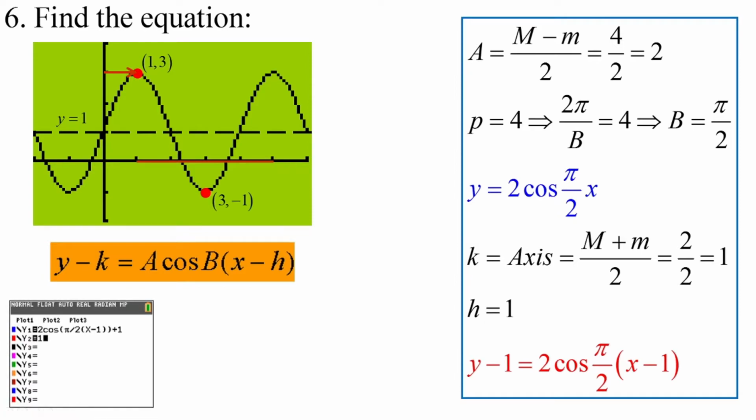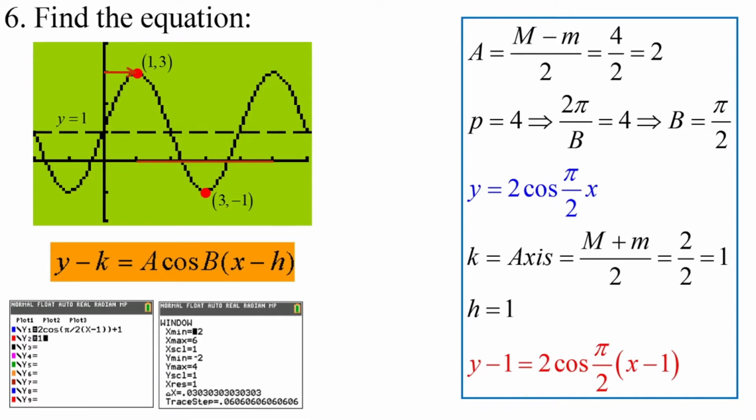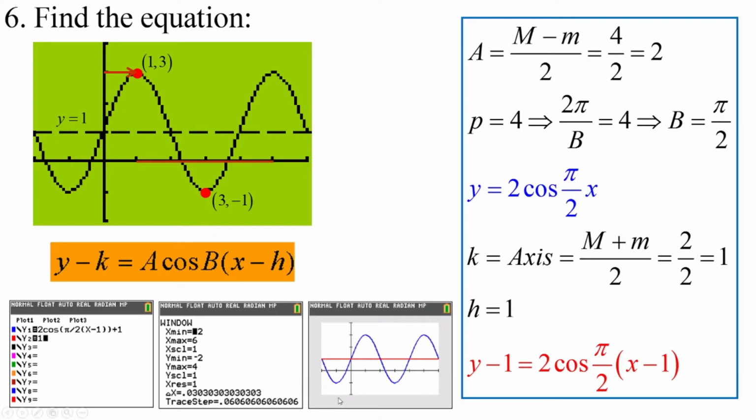Okay? Hey, I checked this on a calculator, and I even put that axis of y equals 1 into it. So let's look at it on the calculator. So I probably did the same window. Oh, I did. Look at that. And look at the graph on the calculator. Now, I'm not saying you need to check these on a calculator, but again, here it is by hand, and here it is on the calculator. I think we have a winner.